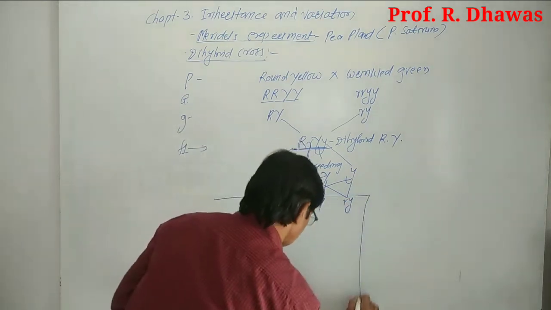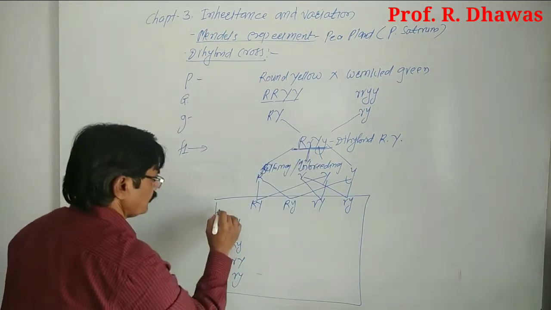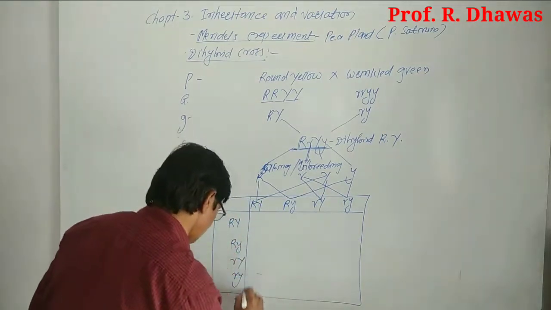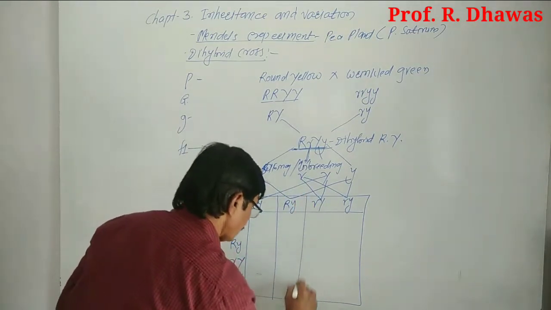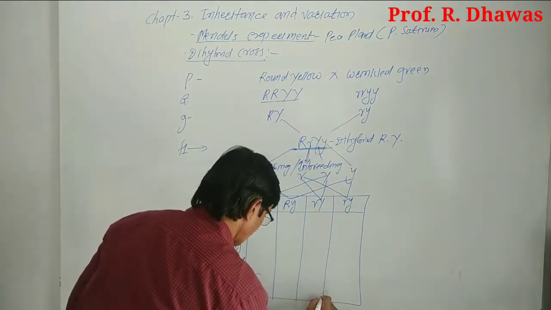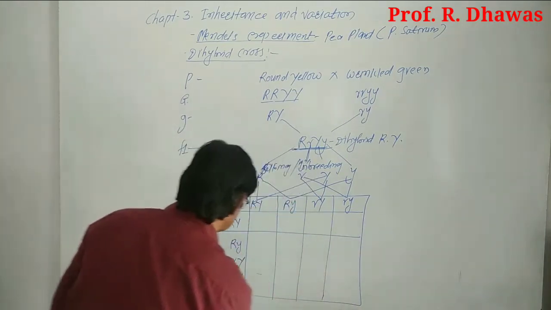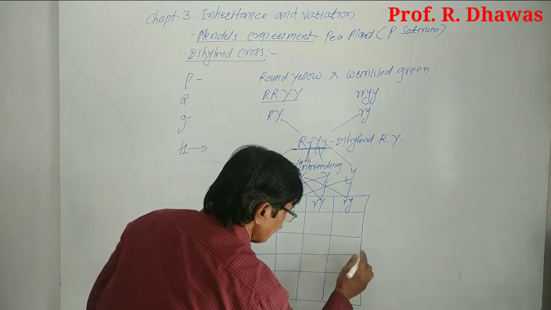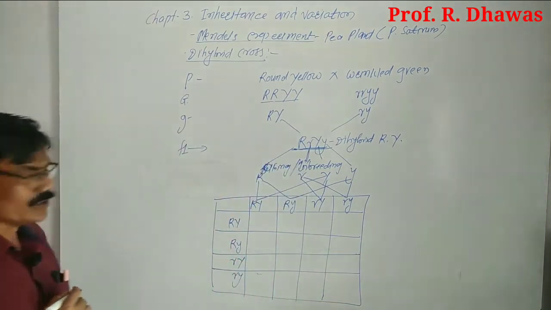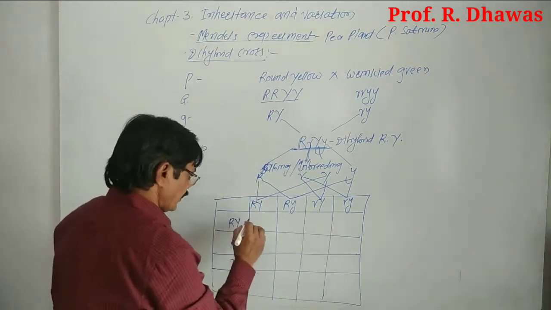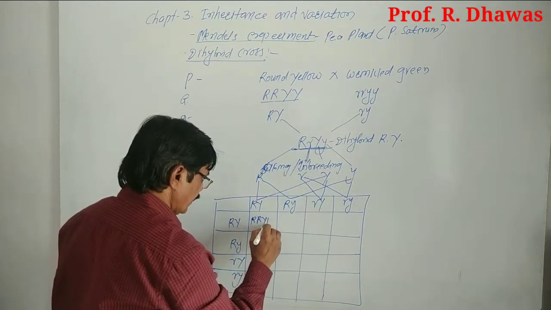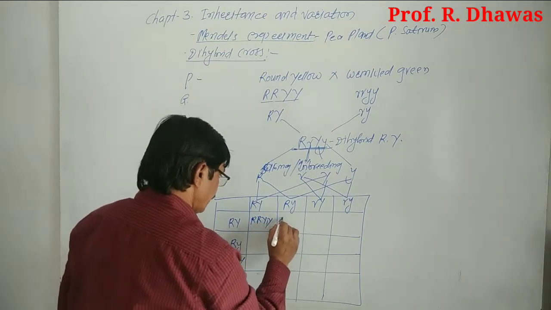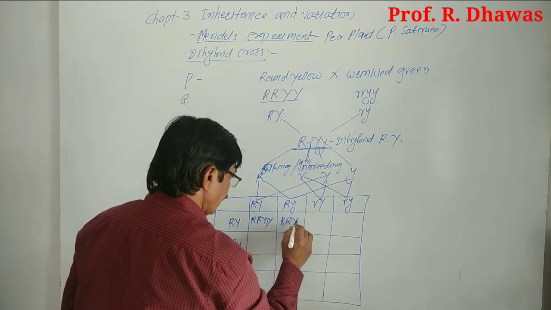We draw the checkerboard here. In the checkerboard, there is a chance combination of male side and female side gametes to indicate their nature of characters. So here capital R capital Y, then capital R capital Y, small y.